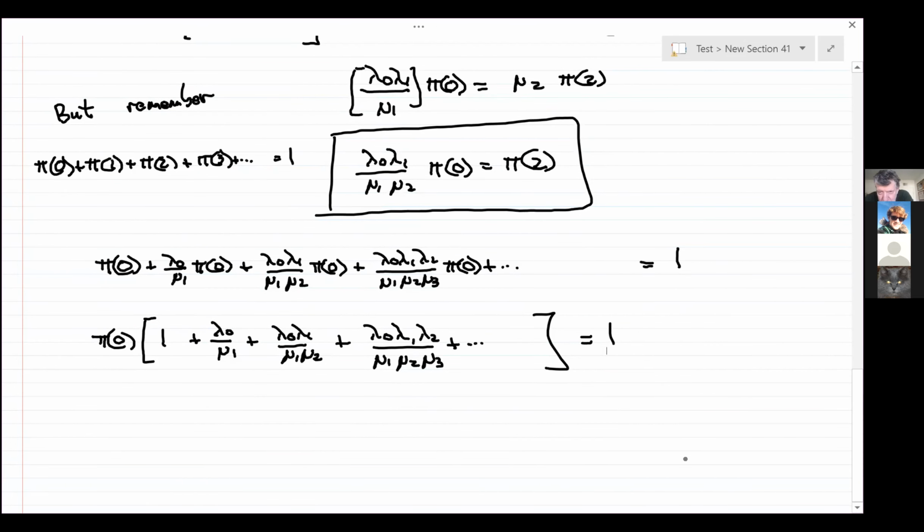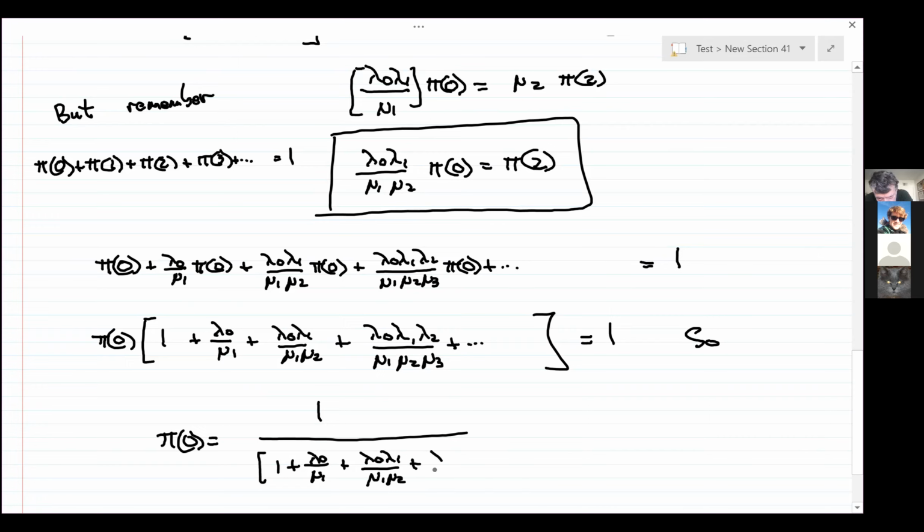So, conclusion, pi 0 would be 1 over all of this stuff, solve for pi 0. So it's 1 over what's in the parentheses here. 1 plus lambda 0 over mu 1 plus lambda 0, lambda 1 over mu 1, mu 2 plus lambda 0, lambda 1, lambda 2 all over mu 1, mu 2, mu 3.